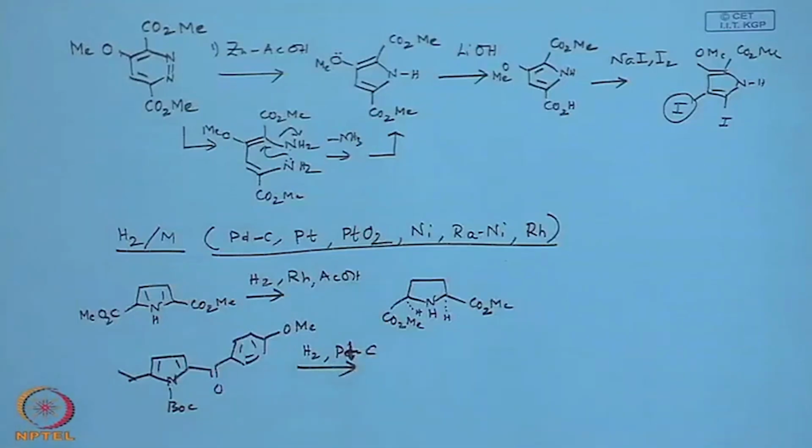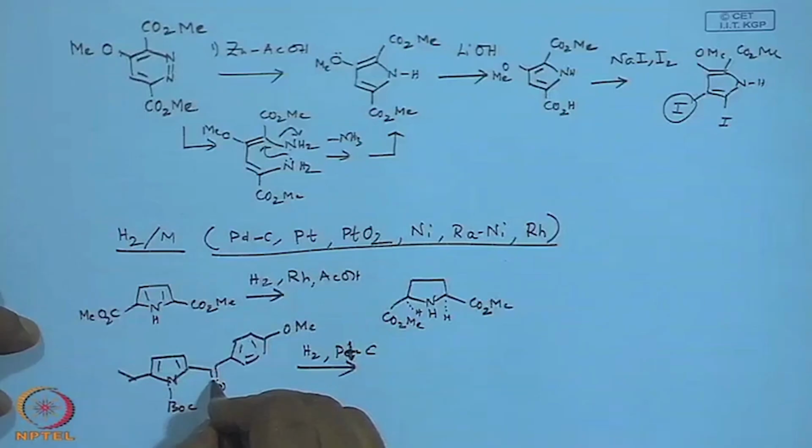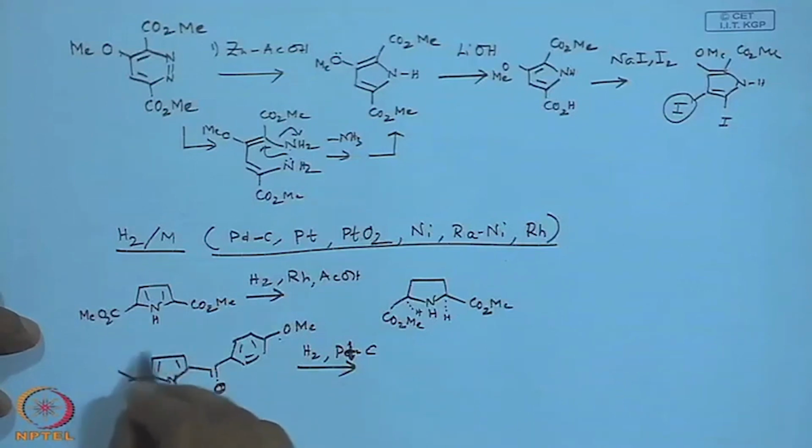So many groups are there, and especially when there is a leaving group ortho or para to the carbonyl, they are also likely to be knocked off during hydrogenation. Like in this case you have a methoxy here, that is a likelihood. You have a carbonyl, you also have an amide carbonyl, and then you have the aromatic ring here. What did I say?